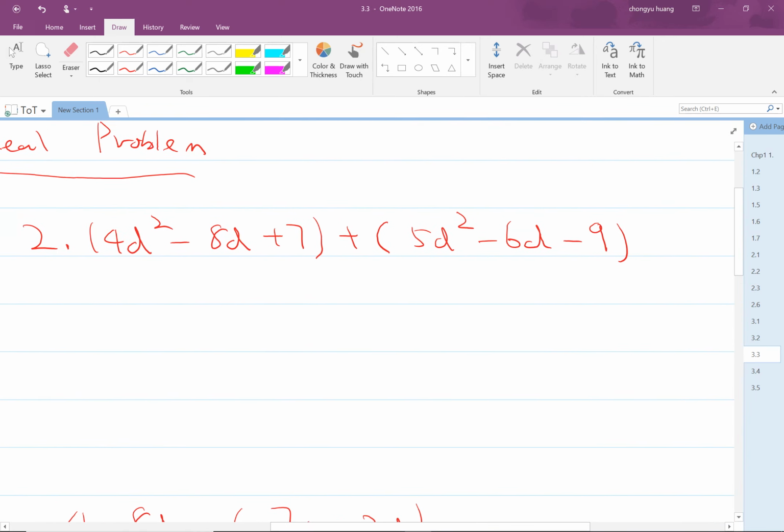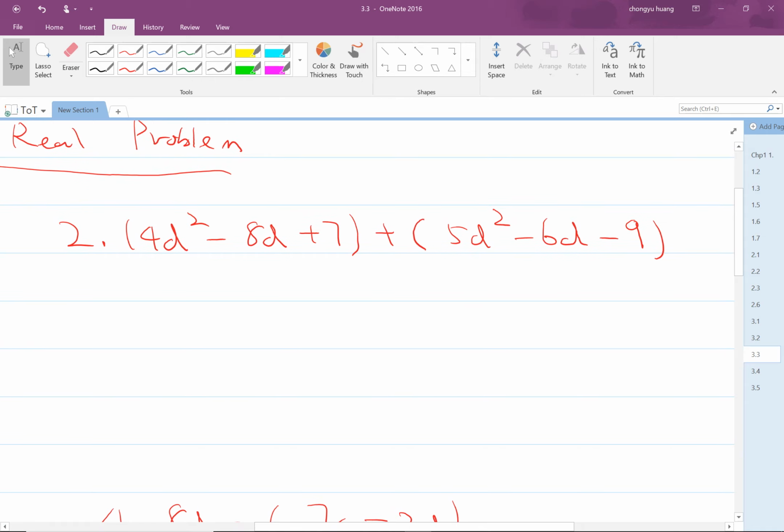Question 2 has a few more steps. First things first, you have to take the terms out of the brackets in order to do the addition and subtraction. So we have 4d squared - 8d + 7, and then + 5d squared - 6d - 9.